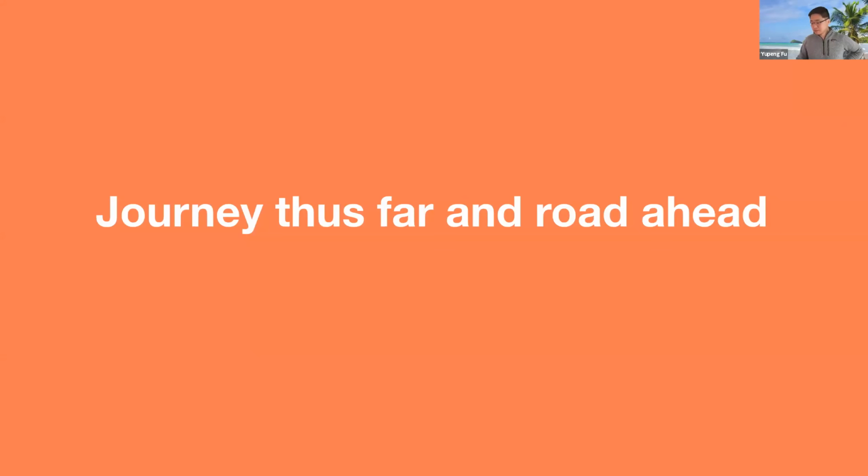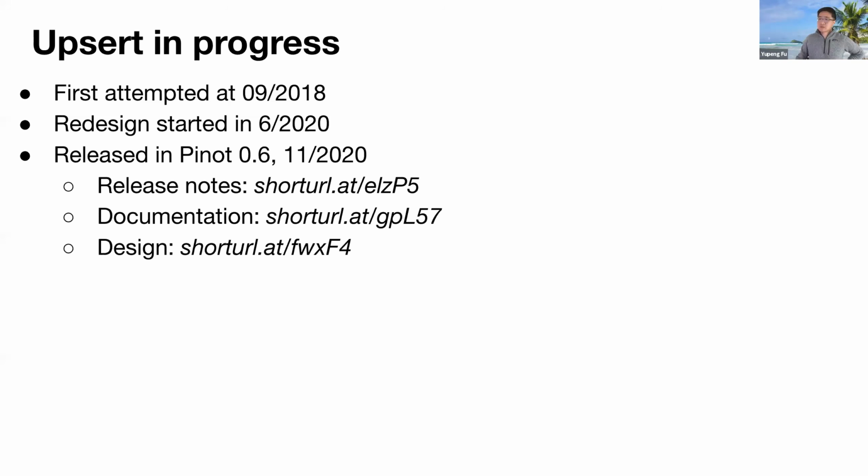Just to share some of the journey thus far and the planning we have ahead of us. The Upsert attempts actually started pretty early. In 2018, we already started looking at this problem. We spent a year on the initial attempt, and then we decided to redesign it in June last year.